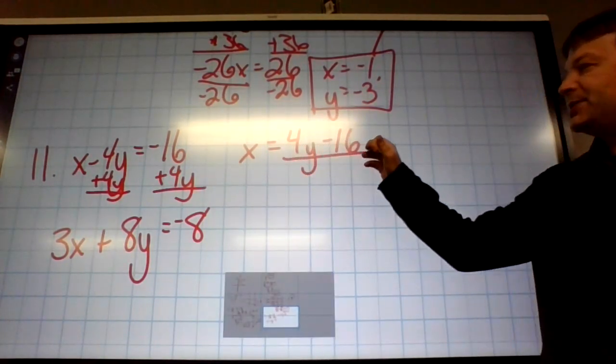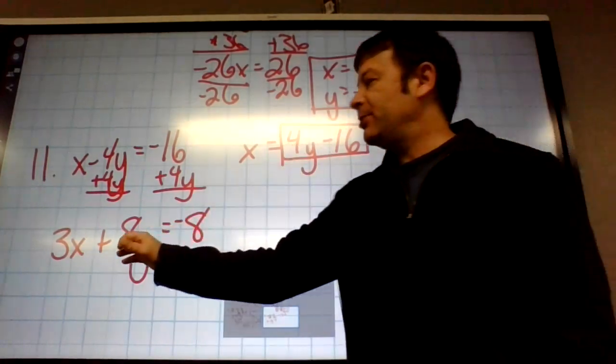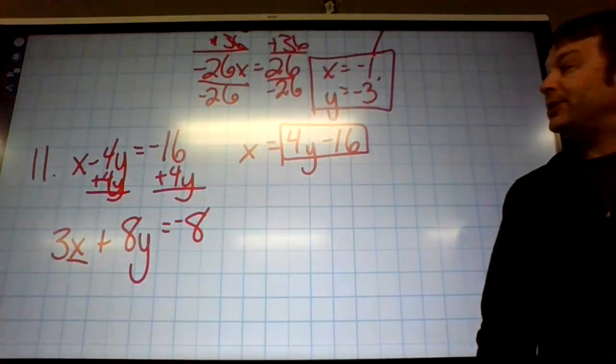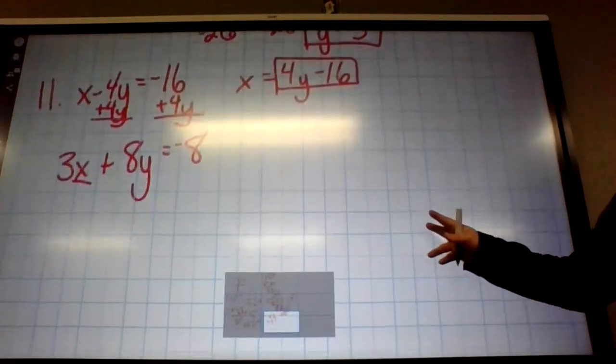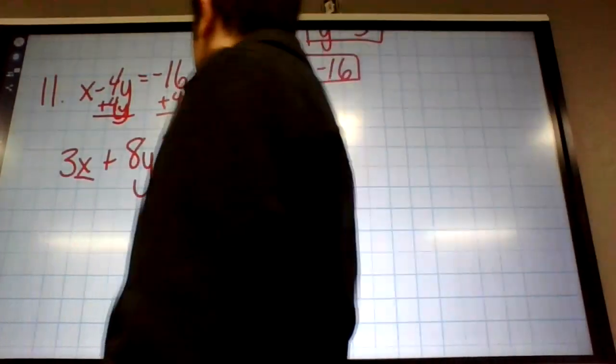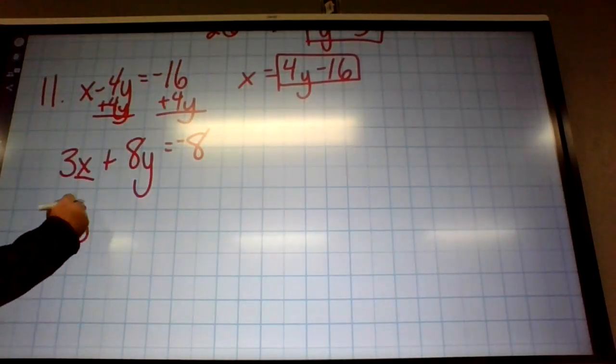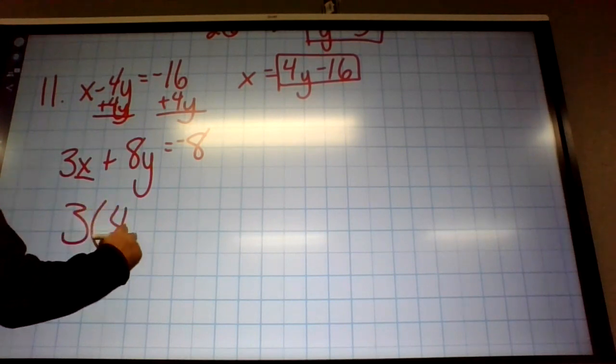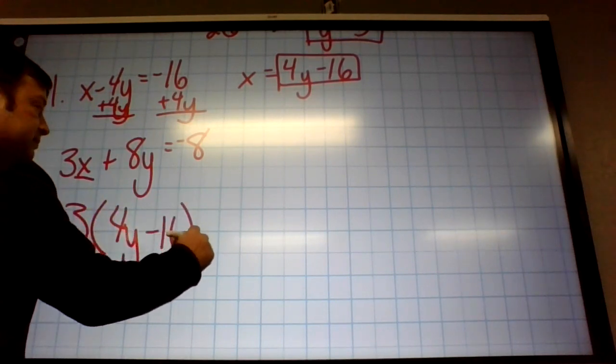Okay, this is what x is equal to. So I'm going to replace x in the second equation with that stuff. So the second equation becomes 3 times 4y minus 16.